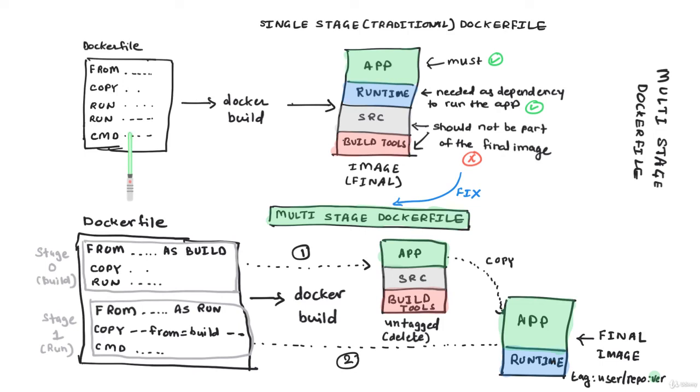From there, they would copy over their artifact to the local machine. Then they would use another Docker file and copy that artifact to that, using a copy instruction again. So it was two stages that you would have to do manually, but now that has been combined into one single multi-stage Docker file.